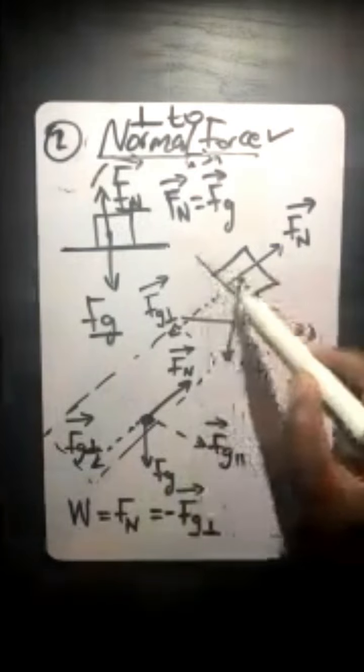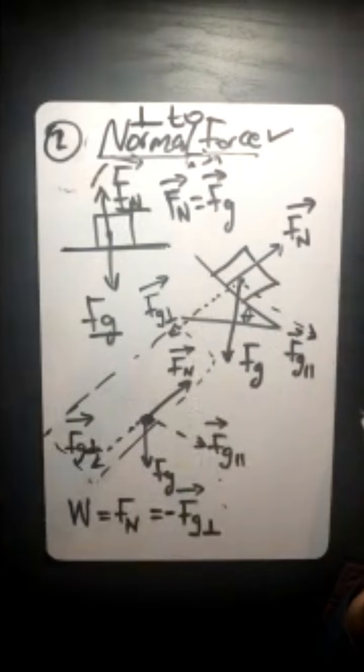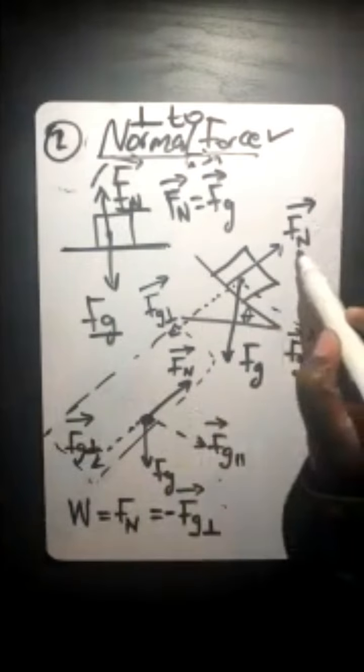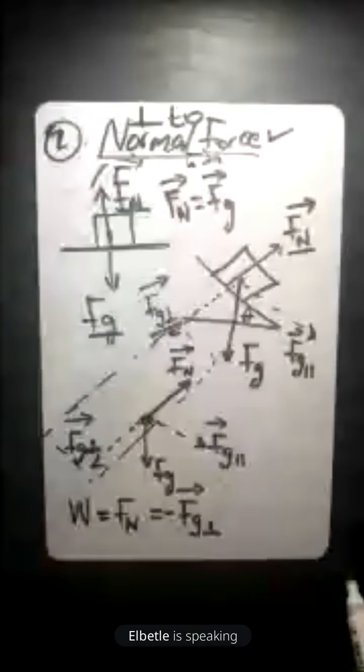And again, on an inclined surface, the force normal cancels with the force of gravity component, which is that component. So it's the FG parallel and the perpendicular.